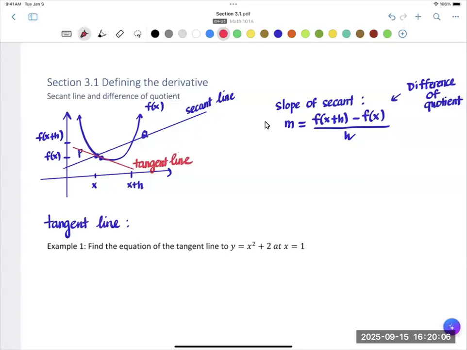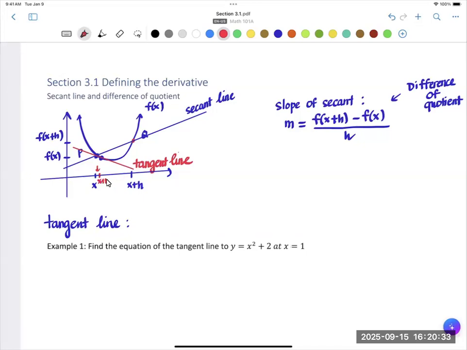So how do we find the slope of the tangent line? The tangent line can be formed by moving the point Q really, really close to point P. When Q is getting really close to P, the distance between x and x plus h is really small.